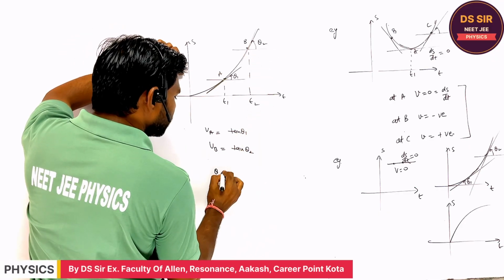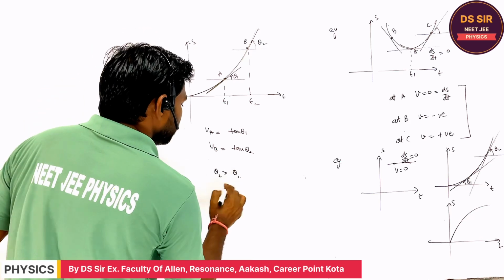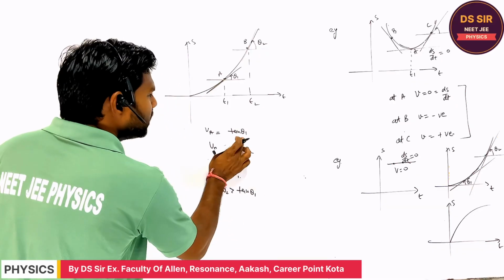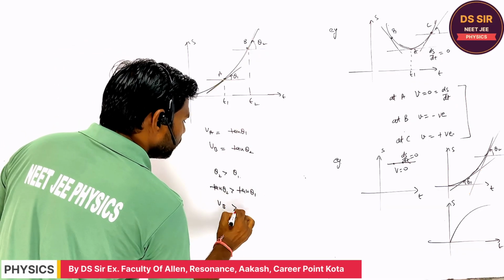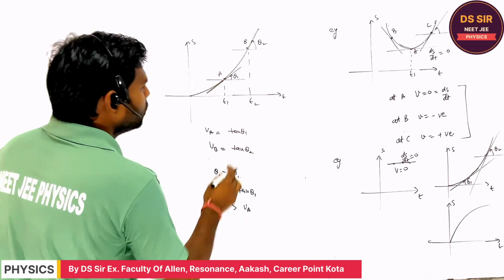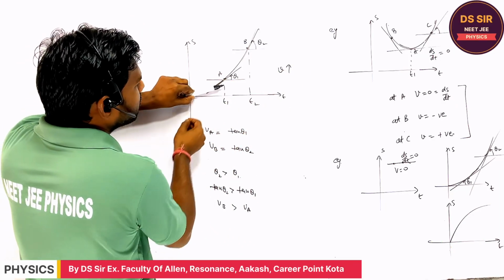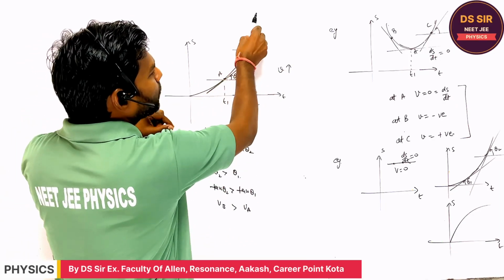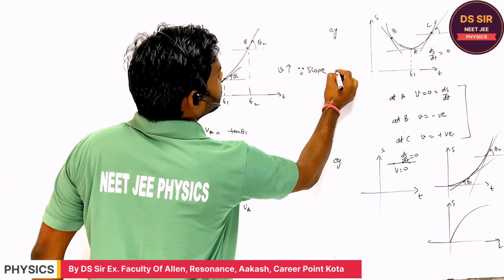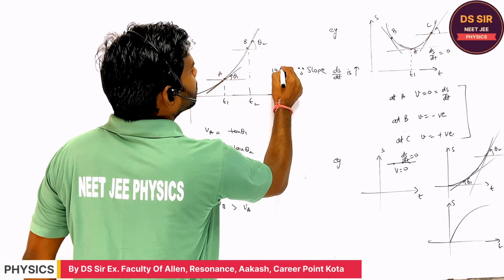Since theta 2 is greater than theta 1, therefore tan theta 2 is also greater than tan theta 1, and tan theta 2 is nothing but the velocity vb, which is greater than velocity of a. So in this case velocity is continuously increasing because the angle, that is the slope, ds upon dt, is increasing. Is it clear or not?